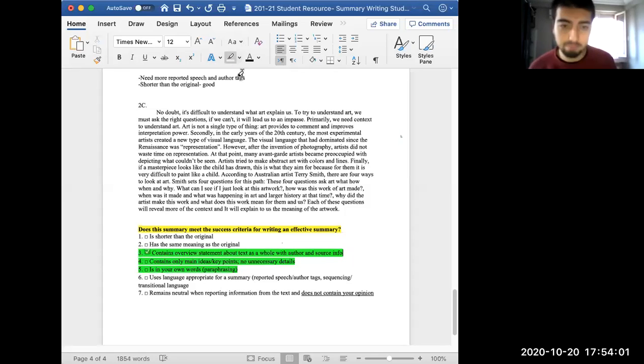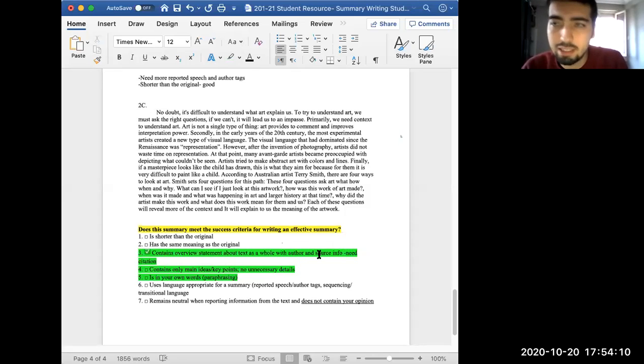It is a criteria 4. It is more than main ideas, and we think it is a little bit more detailed than it should be.